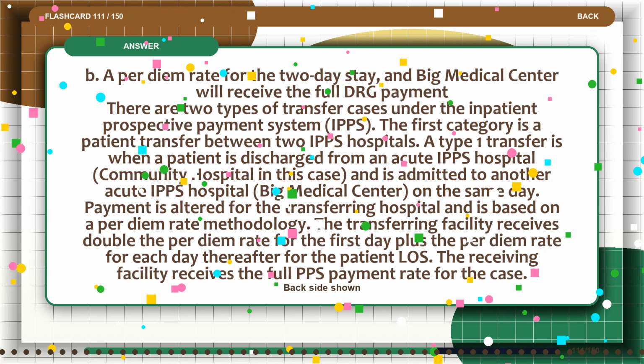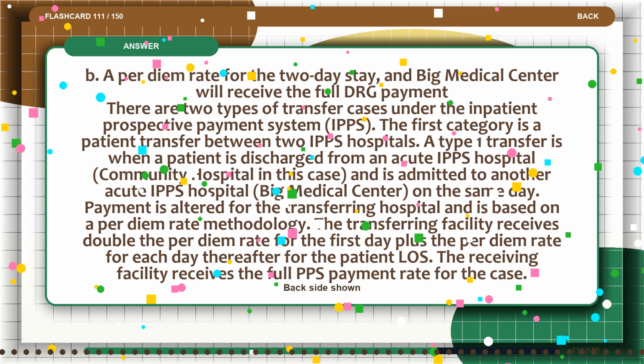The answer is B. A per diem rate for the 2-day stay, and Big Medical Center will receive the full DRG payment. There are 2 types of transfer cases under the Inpatient Prospective Payment System, IPPS. The first category is a patient transfer between 2 IPPS hospitals. A Type 1 transfer is when a patient is discharged from an acute IPPS hospital, community hospital in this case, and is admitted to another acute IPPS hospital, Big Medical Center, on the same day.